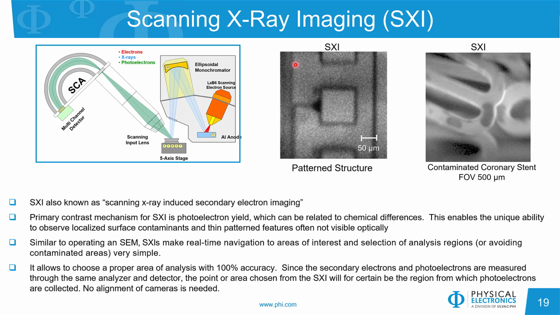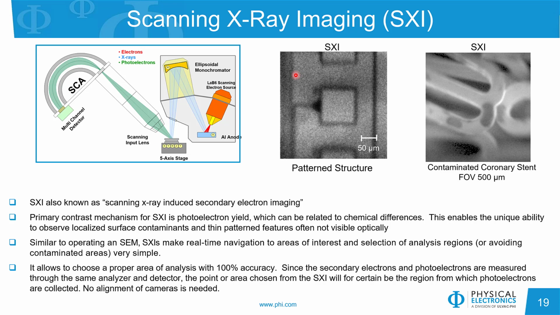The X-ray source is scanning so fast on the surface, with just a few seconds of live image acquisition, that there is no X-ray damage induced by the really small X-ray spot being used. The unique feature of SXIs is that it allows us to address the question I mentioned before: how do we know that we are analyzing data from the area that we would like to analyze? SXIs are produced using exactly the same lens and X-ray source, and the secondary electrons and photoelectrons are measured by exactly the same detection system.